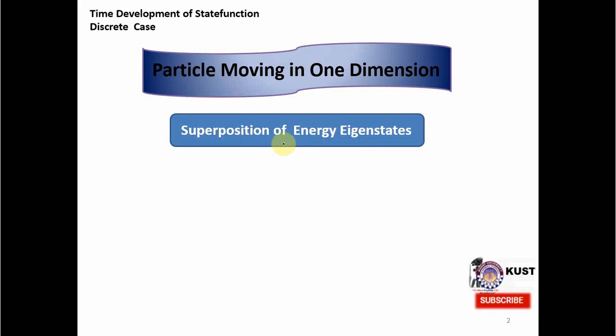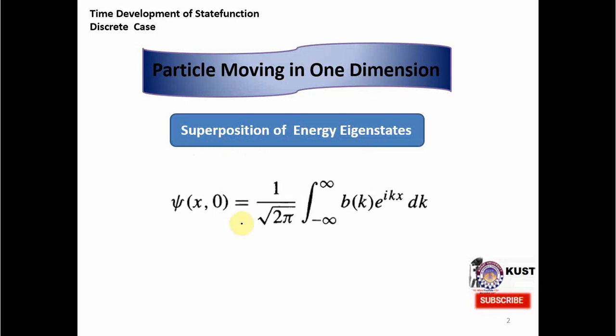The energy eigenstates are so many, closely spaced, that we say they constitute a continuum, and then we take their superposition. This superposition shall be represented with the help of an integral because there are so many values and these are continuous, and this b_k is also a continuous variable which depends upon k, and e raised to power iota kx is the plane wave or the eigenbasis or the Hilbert basis which spans the Hilbert space.